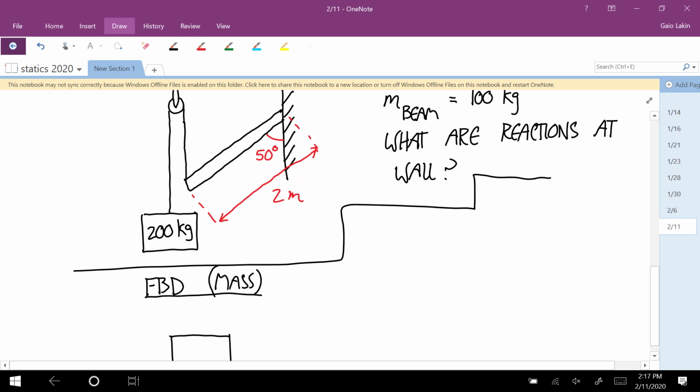In a statics problem, the tension in this cable is exactly equal to the weight of that mass. You get used to just glancing at it and knowing that the tension in this cable is 200 times 9.81. That would not be true if this was accelerating. If this was a hinge and everything else was the same, and this was making the beam accelerate up, the tension in this cable would be less than 200 times 9.81.